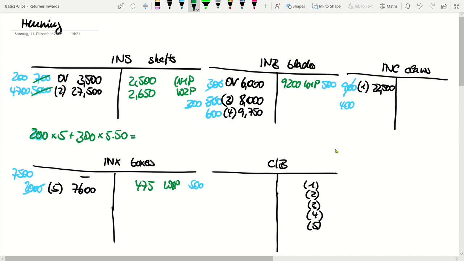So for the valuation, I take the 500 claws, which I multiply with the unit cost of $25. 12,500.